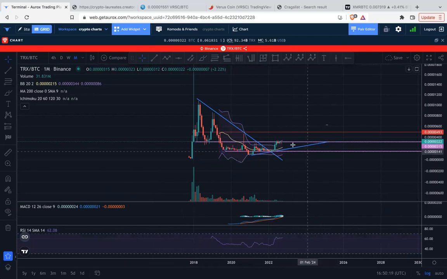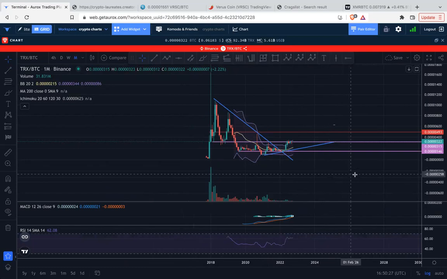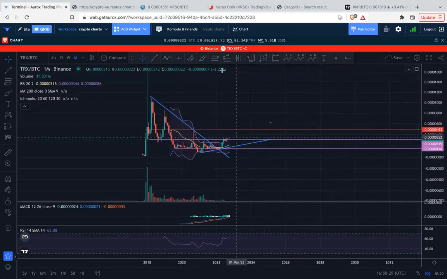Okay, cool. TRX is at an inflection zone here. Either you get rejected, or you flip it, turn it into support, and try to go higher. Cool. But there's definitely the option of just going sideways through here for a bit first, right?